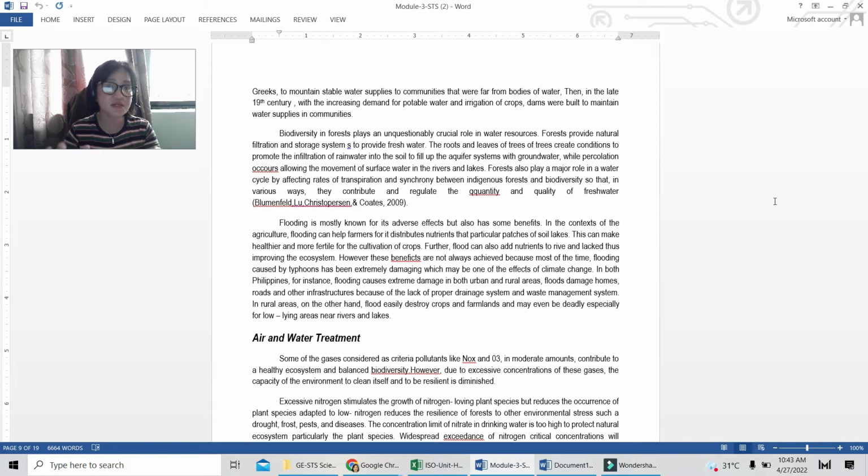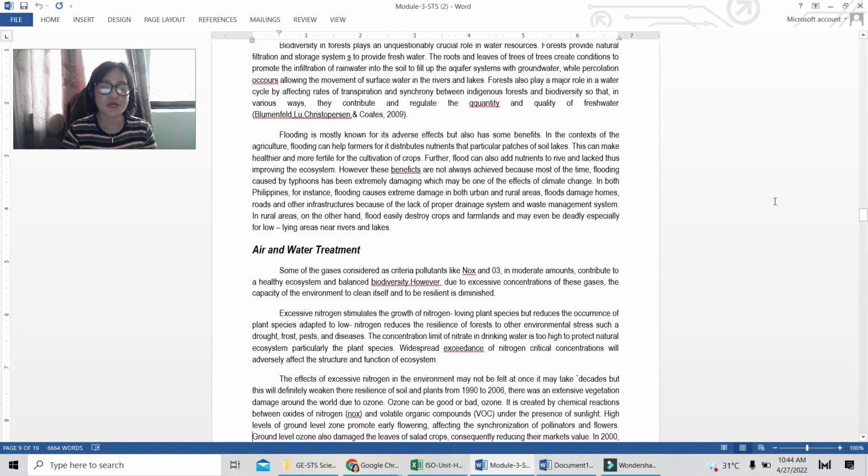So the biodiversity, the life variety that contributed to all the natural resources we have right now, is imbalanced because of the harmful creations of humans themselves.